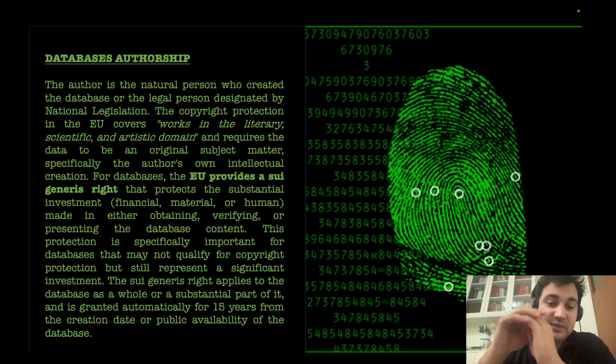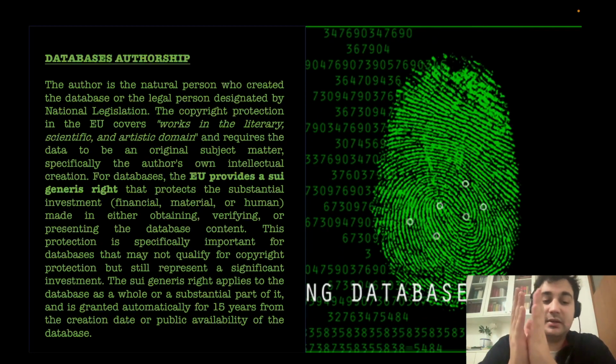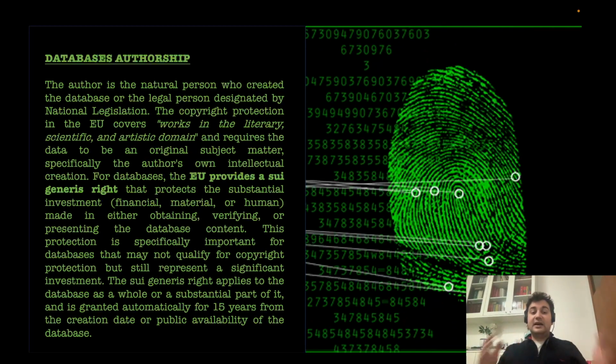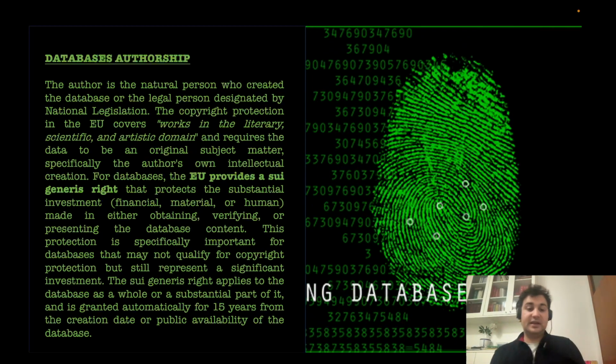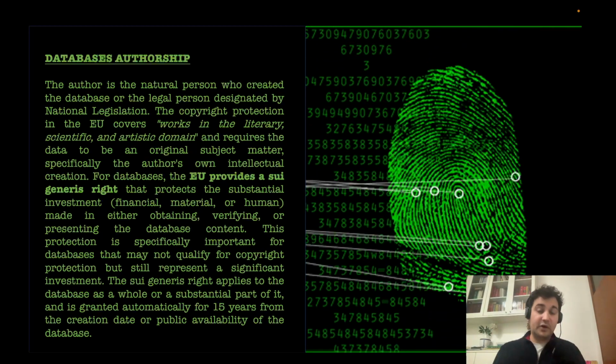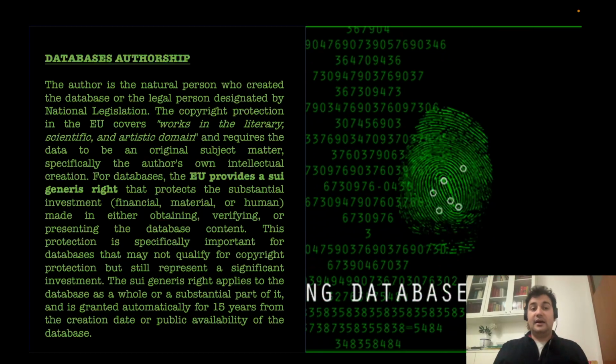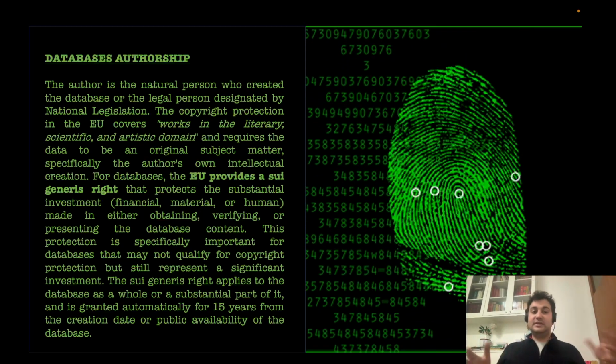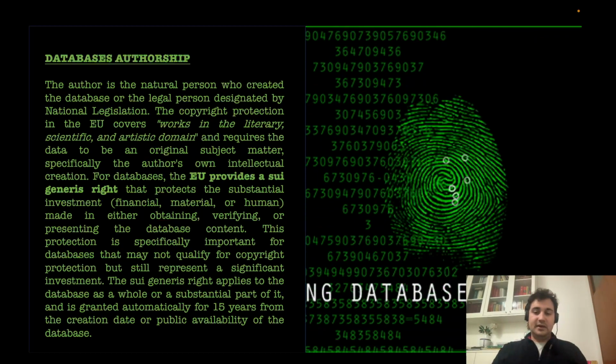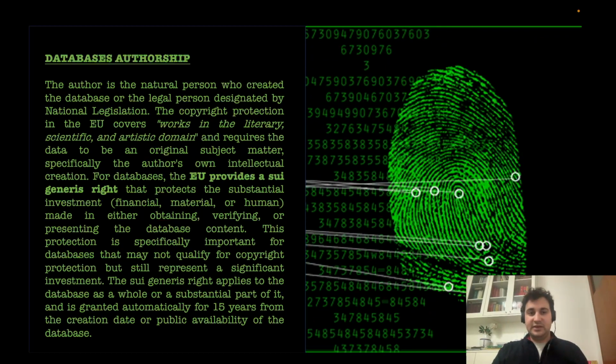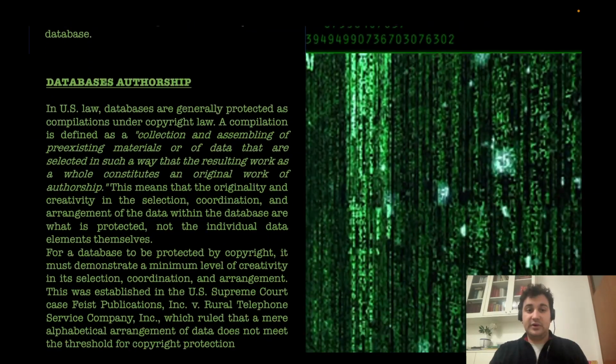The sui generis right applies to the database as a whole or a substantial part of it, and is granted automatically for 15 years from the creation date or public availability of the database. However, if a database contains some particular ingenuity, we could say, it could be considered as copyright.